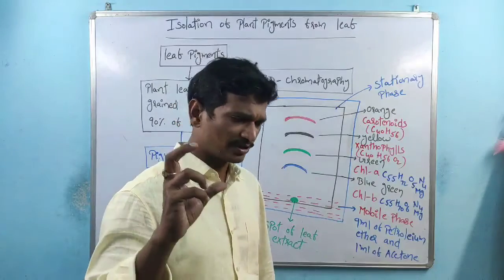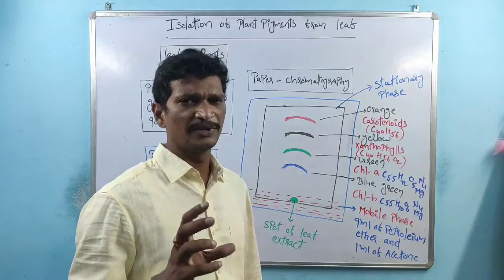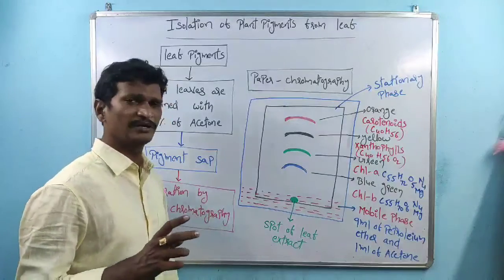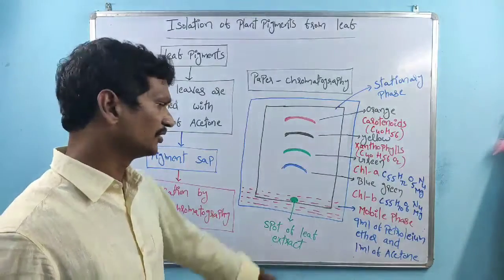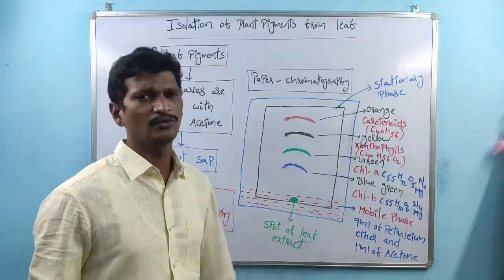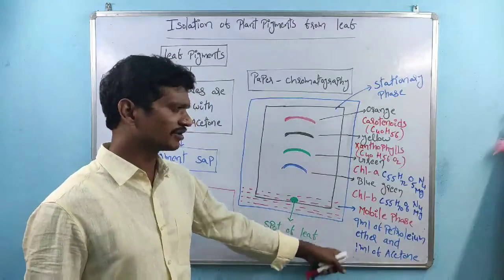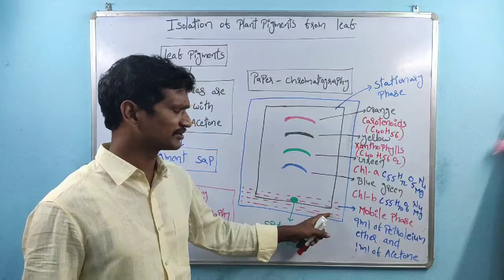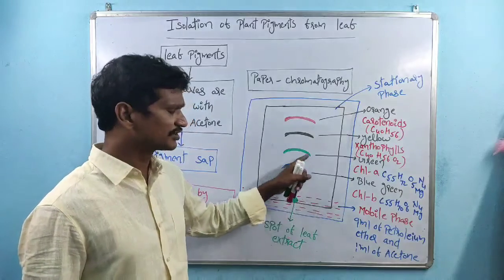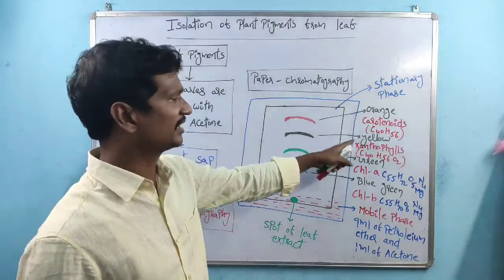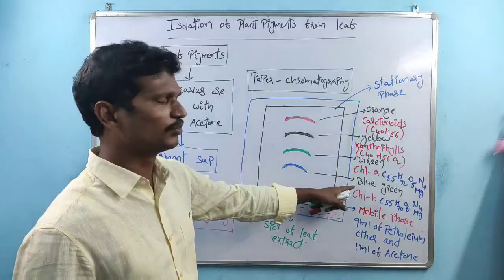For the mobile phase we are using a mixture of solutions, that is nothing but petroleum ether and acetone. One is 9 ml, the other one is 1 ml, right? That mixture we used as the mobile phase. That mobile phase supports the separation of the pigments. So here there is an orange color band, yellow color band, green and blue-green.